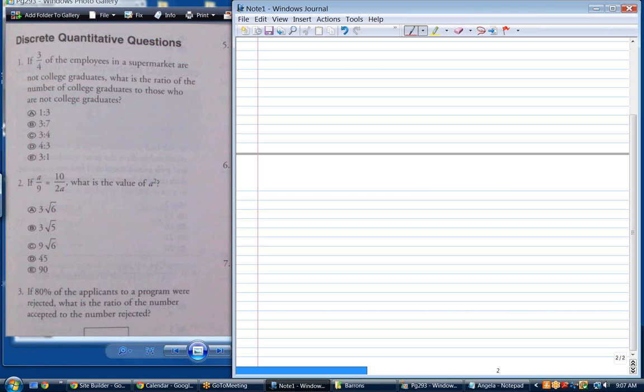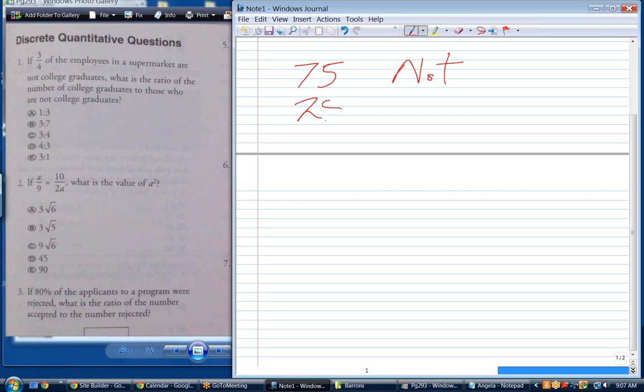After we do it, I'll show you a more direct way to get it. But let's go ahead and pick numbers. How many employees? We'll probably start off with 100. That's fine. And that would make 75 not graduates and 25 that are.